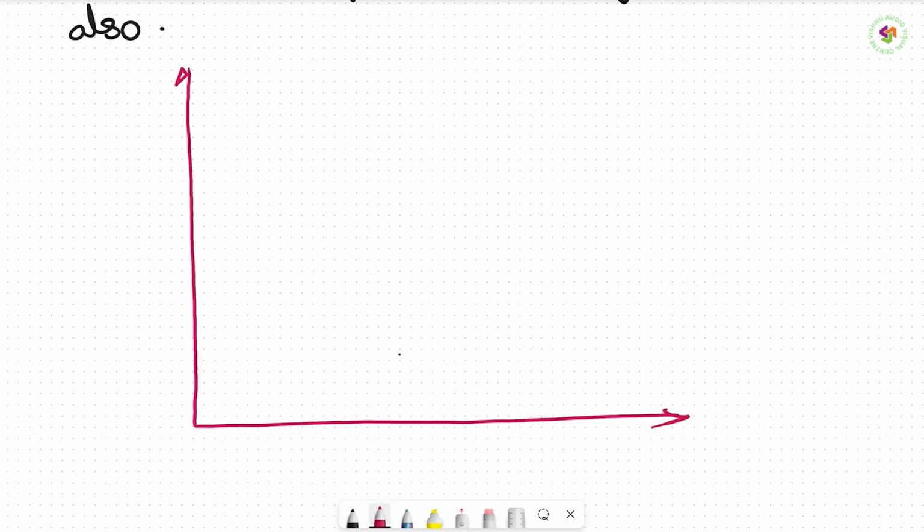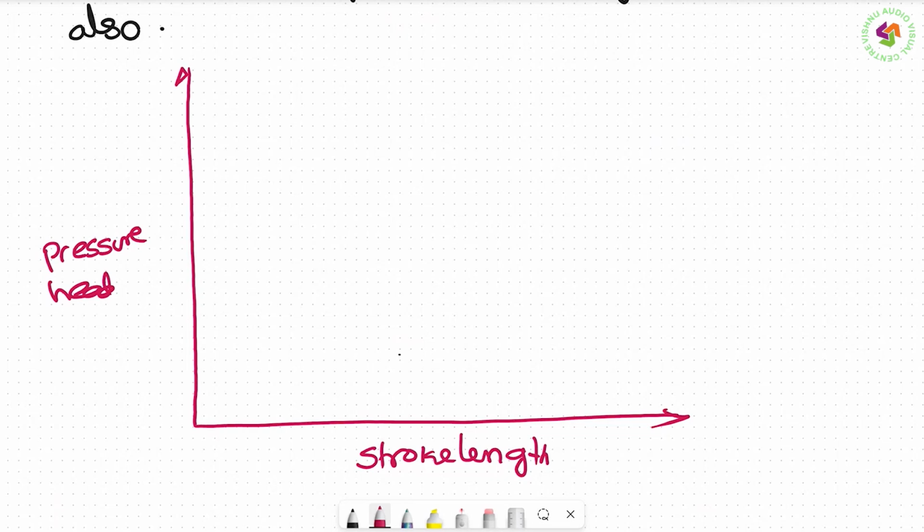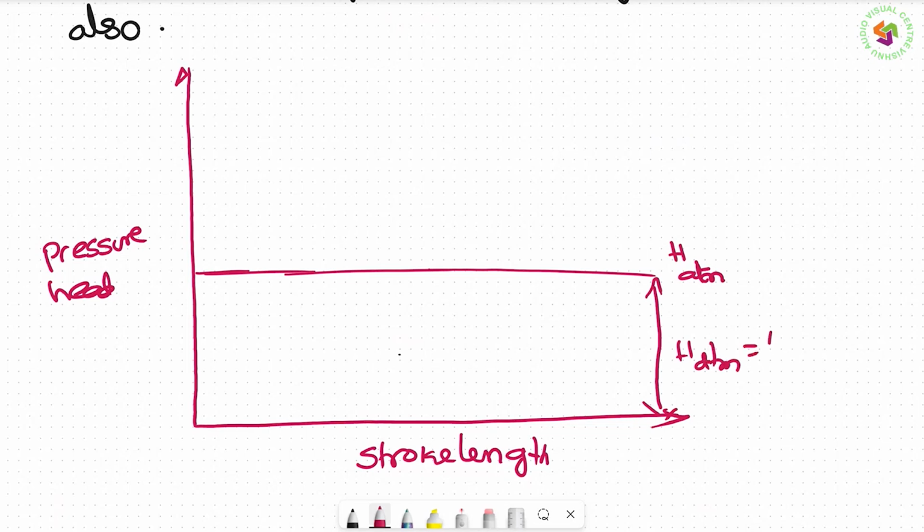The x-axis is stroke length, the y-axis is the pressure head. And first we will write the atmospheric pressure head, H atmosphere, which is equal to 10.3 meters of water.